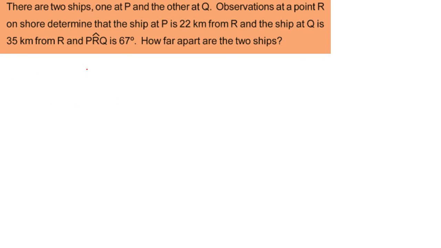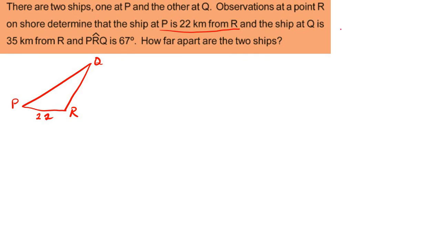Say for example, we're going to draw, this is P, this is Q, and this is R. Therefore, this is 22, because it says 22 kilometers from R.